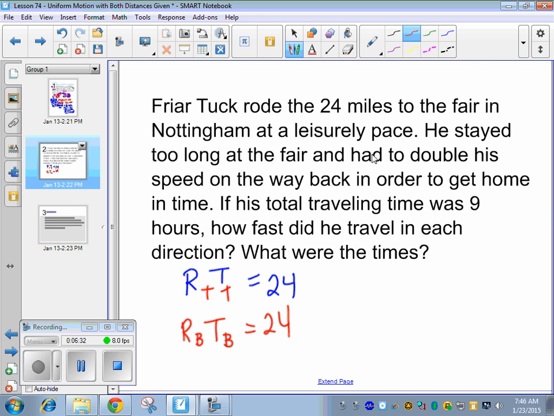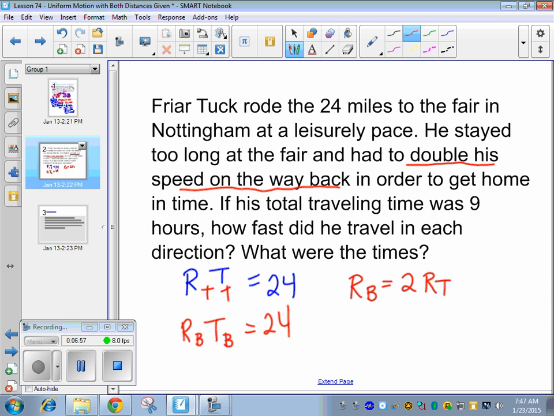So he stayed too long at the fair. He had to double his speed on the way back. So who can write that formula for the rates? Zach? Yep. The rate back, he's going twice as fast as he went on the rate there.